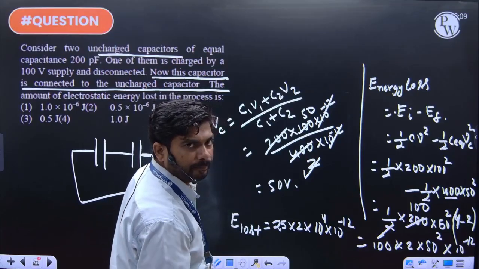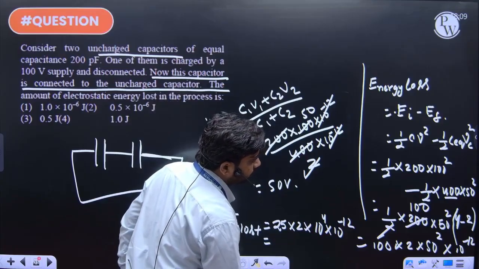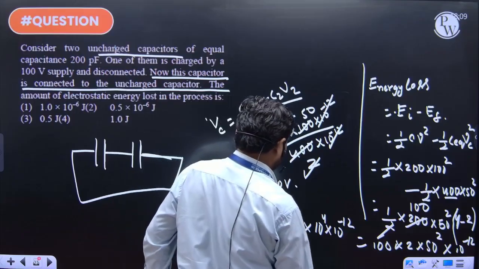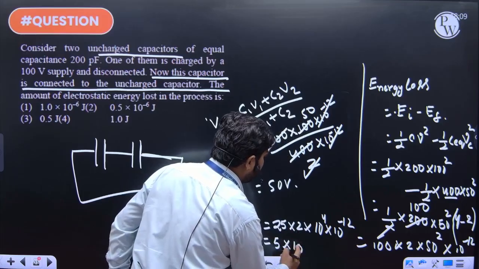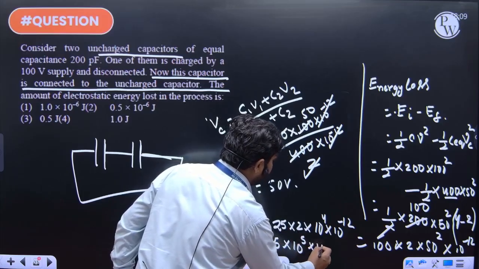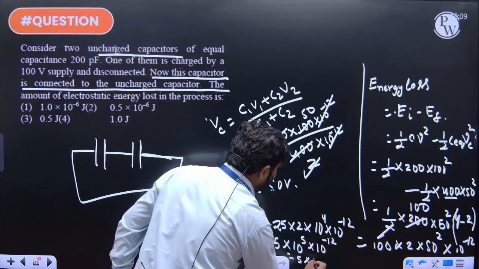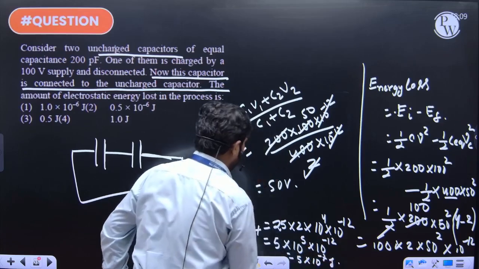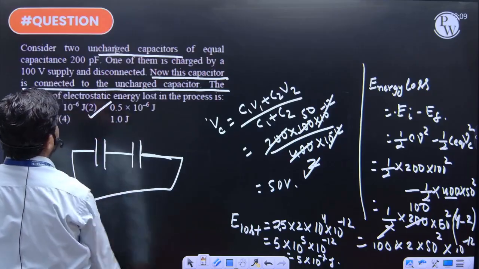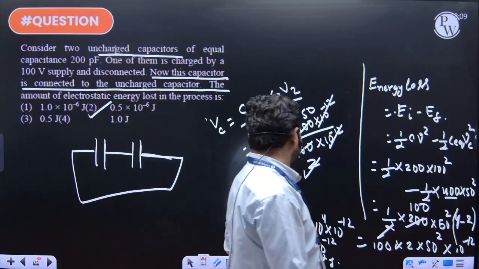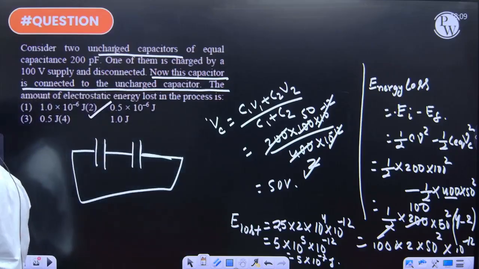Correct? So 5 into 10 power 5 into 10 power minus 12. So it is coming out to be 5 into 10 to the power minus 7 joule. So this is 0.5 into 10 power minus 6 joule, that is your correct answer. It's okay.